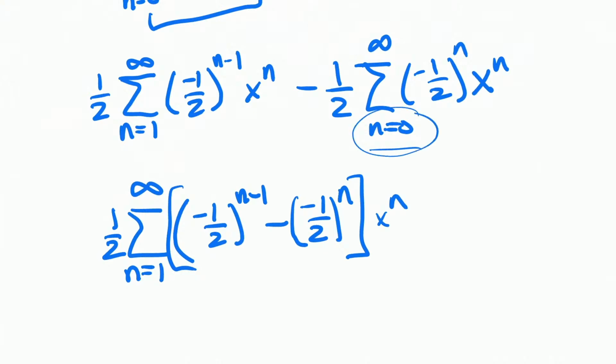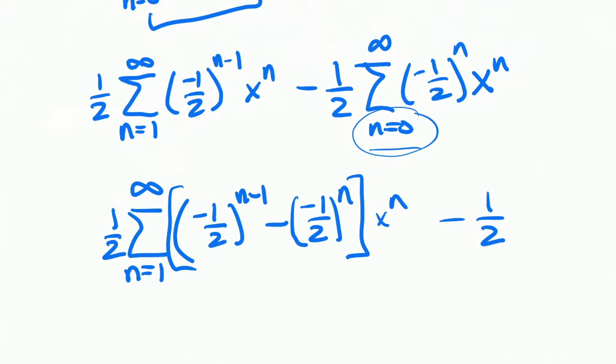But that ignored the n equals 0, so let's put the n equals 0 in there. That's 1/2 times, I guess, 1. So there. I'm sure that I could combine this a little bit further. I know those can be combined, but I'm scared of doing that because that's just going to be more algebra.